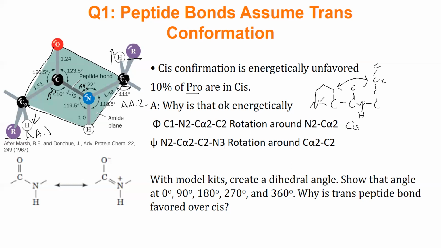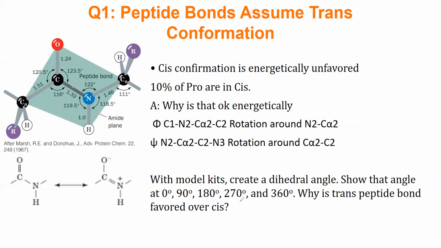Now, when talking about peptide bonds, we care about 2 what are called dihedral angles, and we call those phi and psi. If you've never heard of a dihedral before, that is the angle between 4 atoms. Your classical angles are 3 atoms, right?